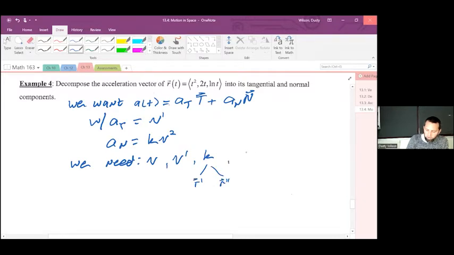And then we're going to need to find the tangent vector, which is going to require finding, again, r prime and magnitude of r prime. Those, thankfully, we might have already found for the curvature. And we also need to find the normal vector, which is going to require that we find T prime and magnitude of T prime.